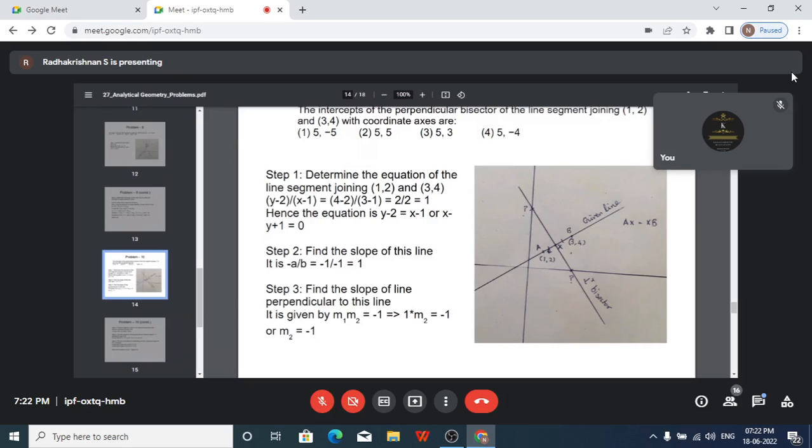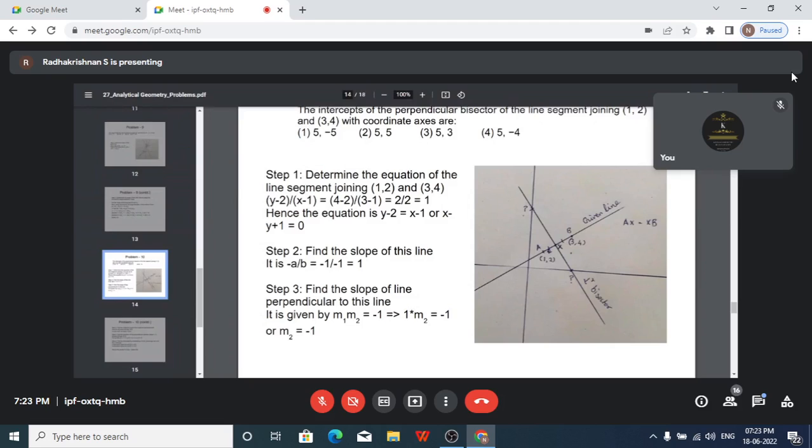That will be minus a by b, which is minus 1 by minus 1, that is 1. Next, you can determine the slope of the perpendicular. Since m1 m2 equal to minus 1, you get m2 as minus 1. So this perpendicular line is going to have slope as minus 1.